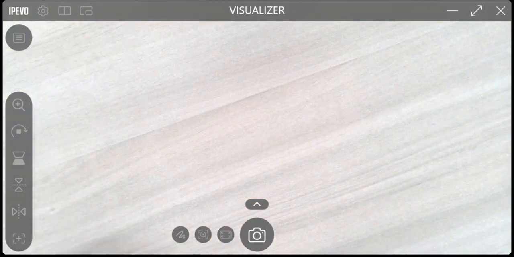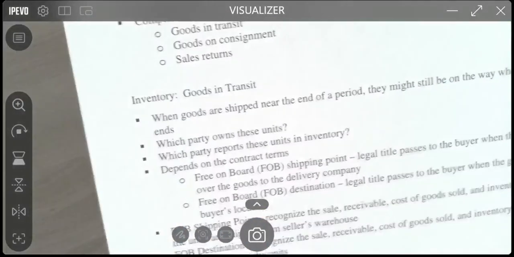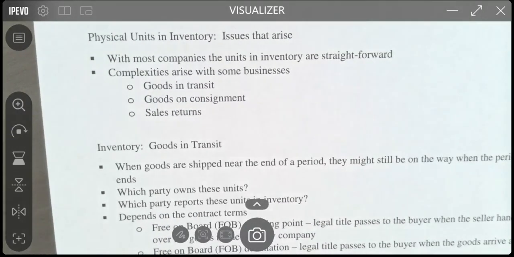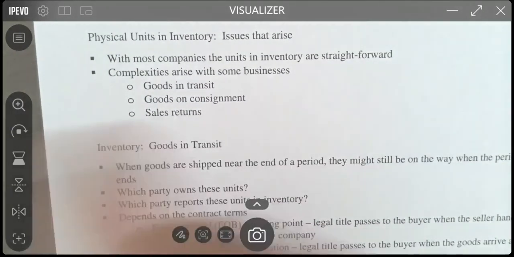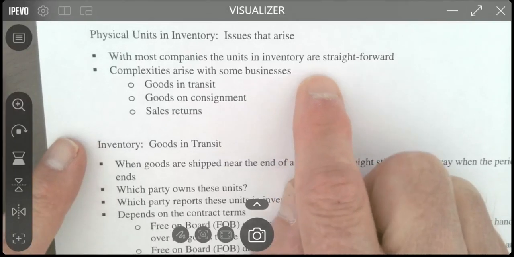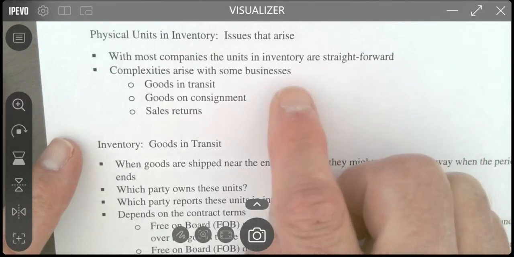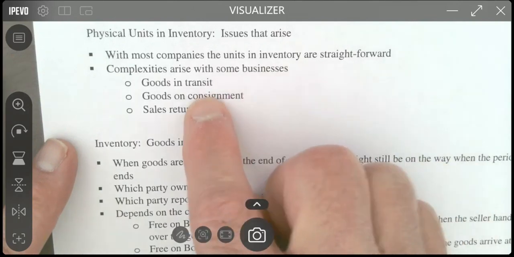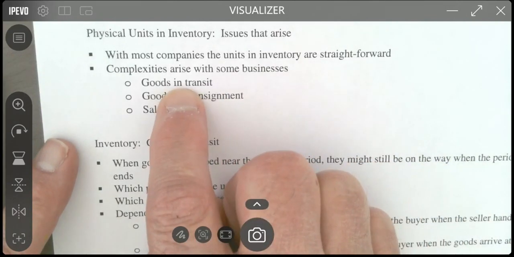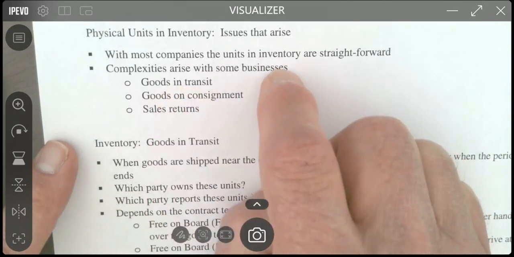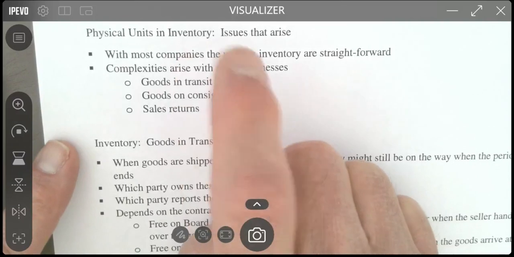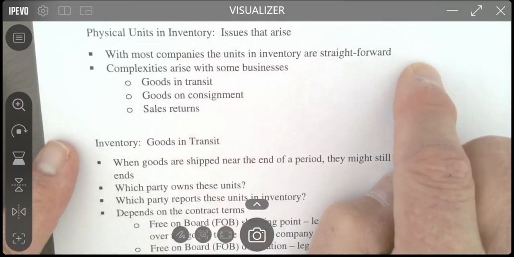Let's look at a couple of other small issues. Physical units in inventory, issues that arise. With most companies, the units in inventory are straightforward, but complexities can arise with some businesses, and it involves what we call goods in transit, either goods on their way from the supplier to the company or from the company to the buyer.